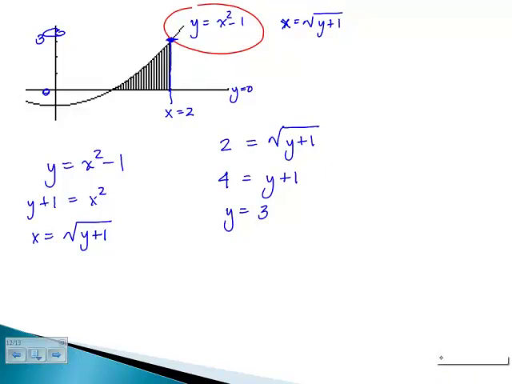The inner radius is x equals the square root of y plus 1, while the outer radius is the line x equals 2. So to find the volume, we will use the washer method.